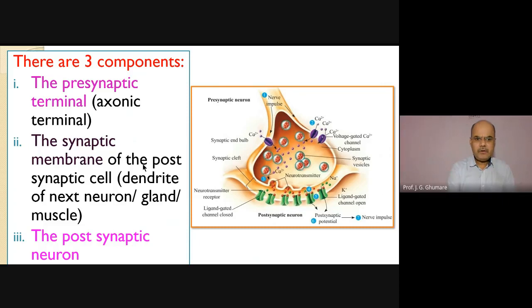The synaptic membrane of the postsynaptic cell is the dendrite of the next neuron or gland or muscle. I'll repeat the three components: presynaptic neuron, postsynaptic neuron, and the junction, the gap in between these two.